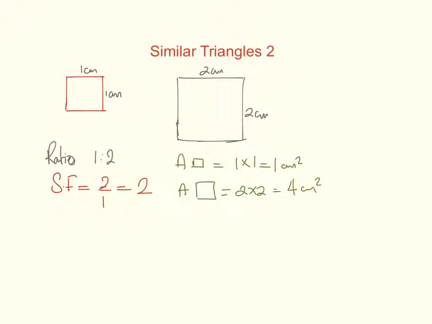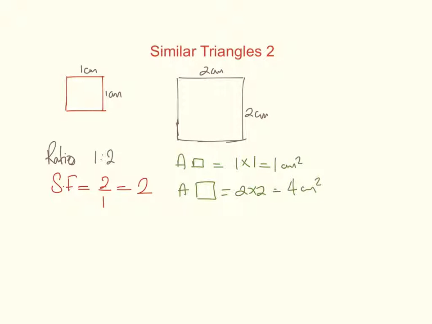Now, a typical question that you might get in an exam is that they might give you the area of a smaller triangle and say that a similar triangle is twice the size of the smaller one, and they want you to work out the area without actually drawing the bigger triangle.